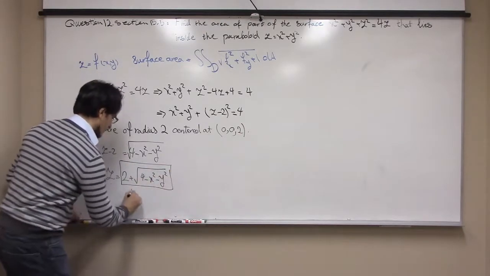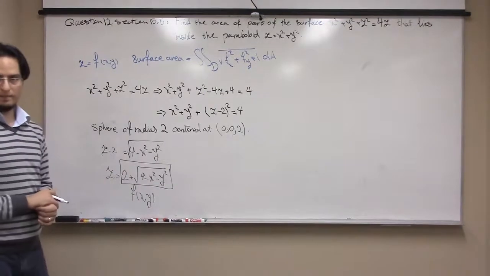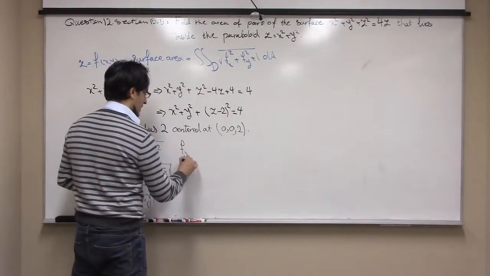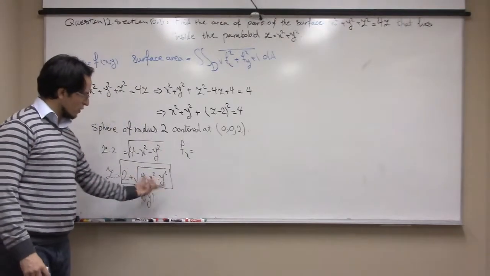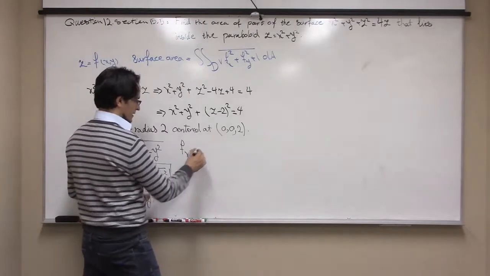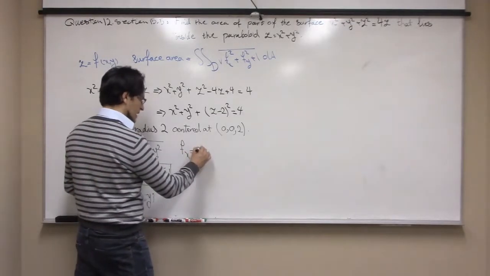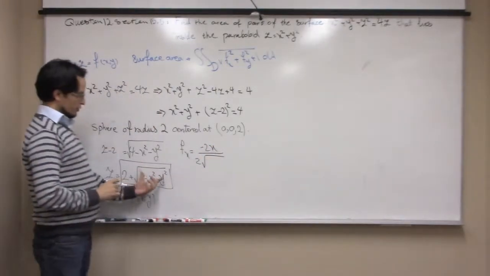That's my function f(x, y). Now I have to find the partial derivatives. What is f_x? I have a square root, and the derivative of a square root function is the derivative of the inside over 2 times the square root of the function.